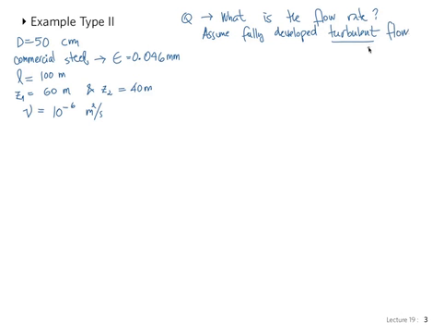And we note that there is no direct way at this point of using the Moody diagram, the Moody chart, right? Because we don't know the velocity, so we can't calculate the Reynolds number. And so what do we do? Any ideas?